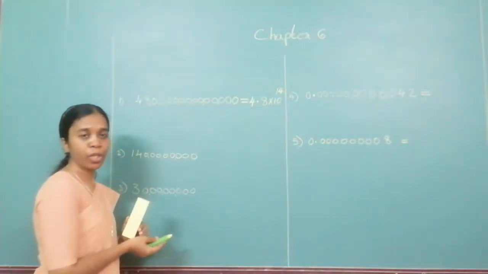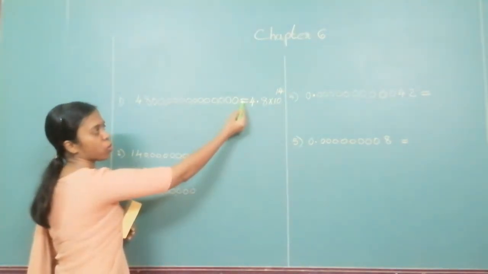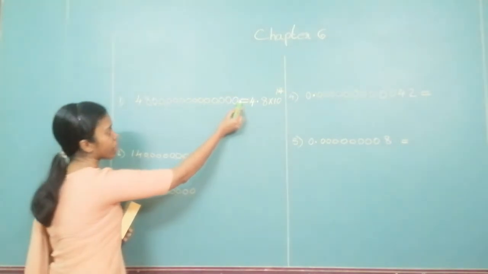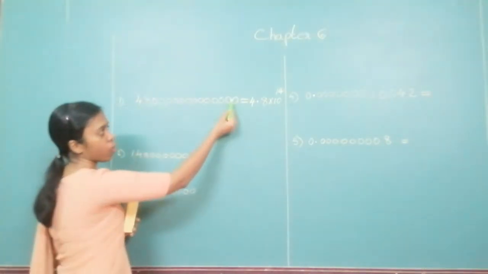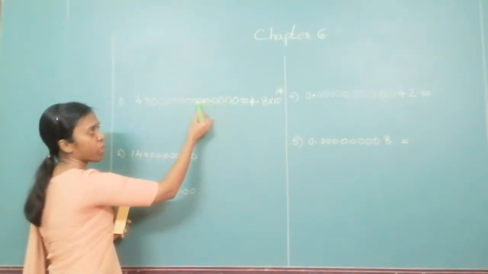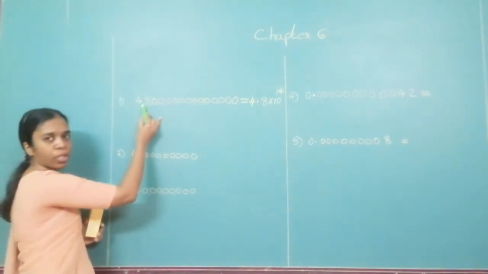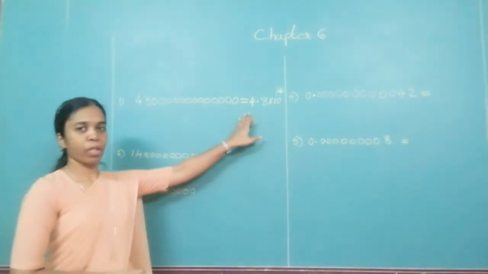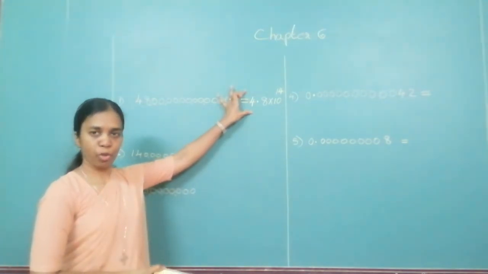How did I get that 14? Because I have shifted the decimal from here to here, 14 places. Count again: 1, 2, 3, 4, 5, 6, 7, 8, 9, 10, 11, 12, 13, 14. So I have put a decimal over here, 4 point, and written it in one integer form.